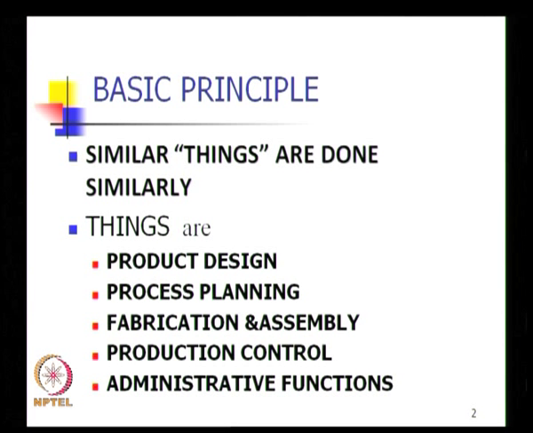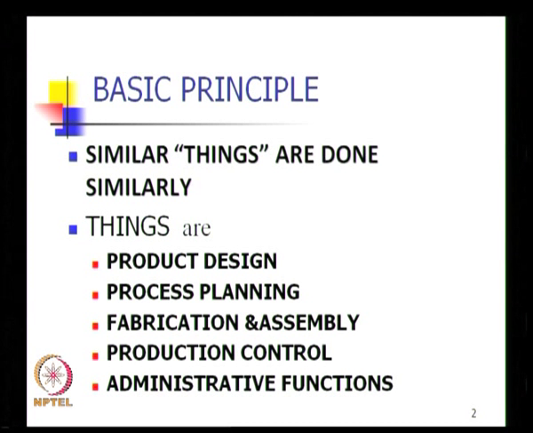So, group technology or cellular manufacturing, the basic principle in this is that similar things are done similarly or similar things are done together. Large systems are made into smaller subsets and therefore they can be handled easily and the processes become simple.